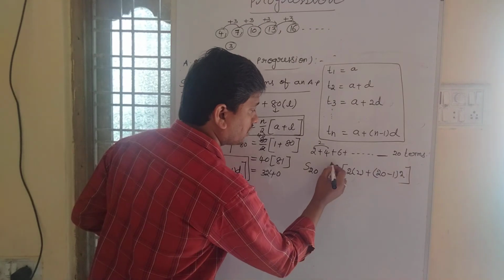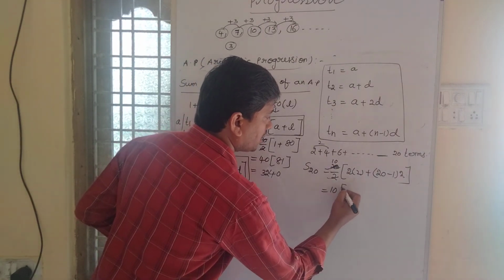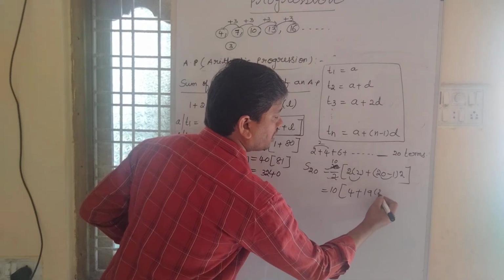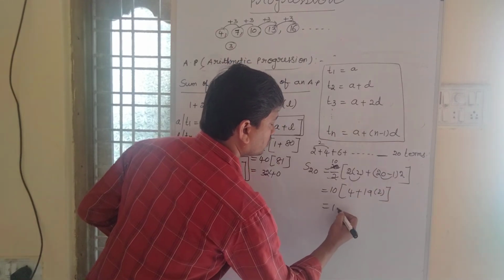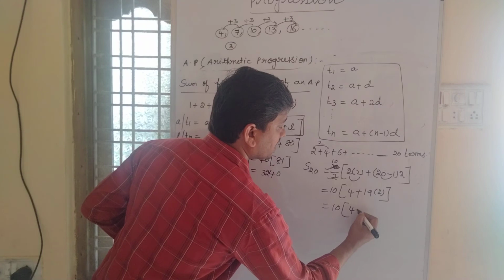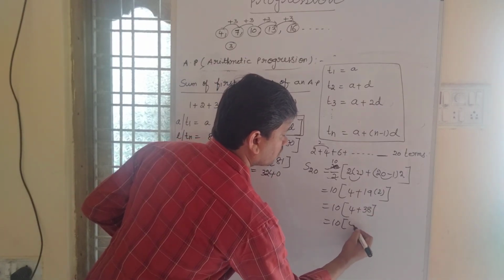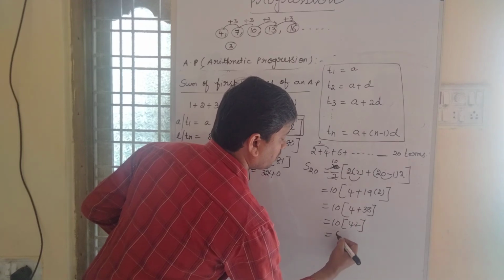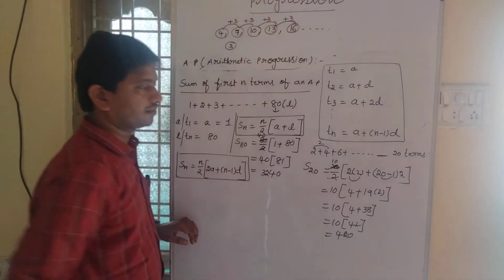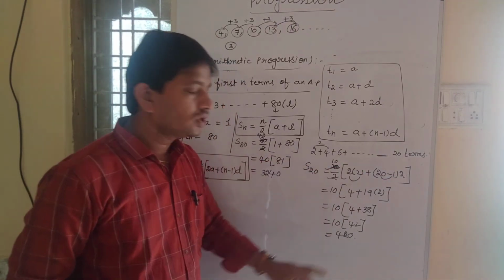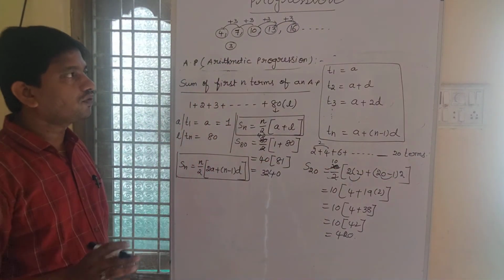So 20 by 2 is 10, into 2 times 2 is 4, plus 19 times 2 is 38. So 10 into 42. So 42 into 10, that is 420. So the sum of first 20 terms of an AP is how much? 420.